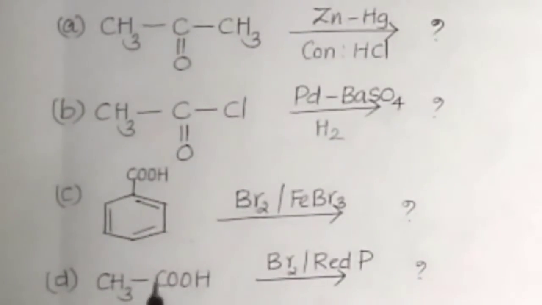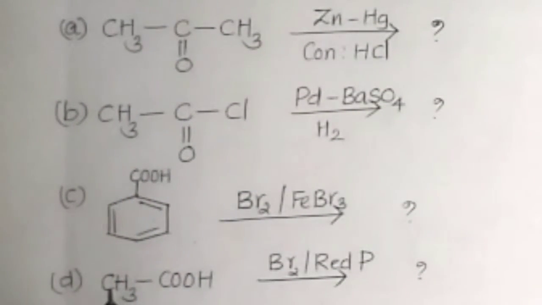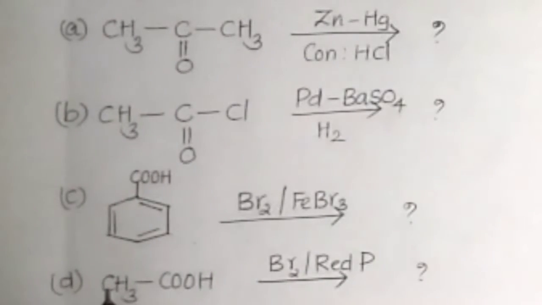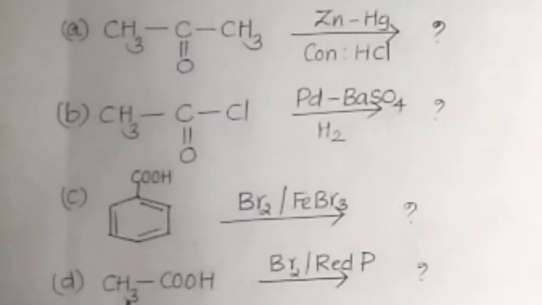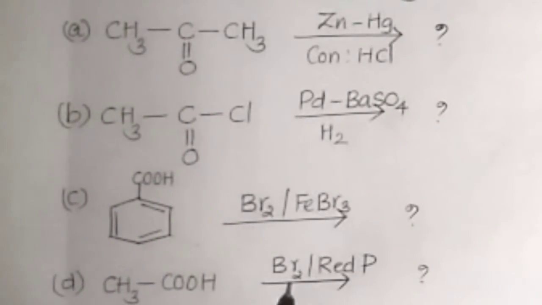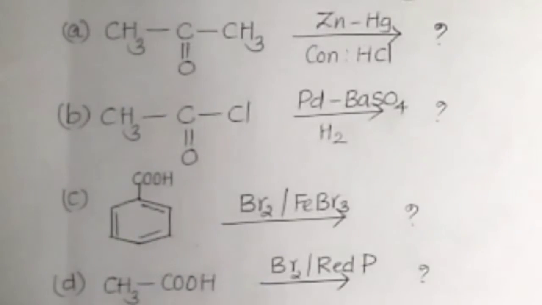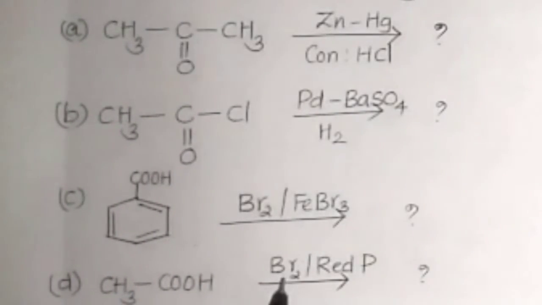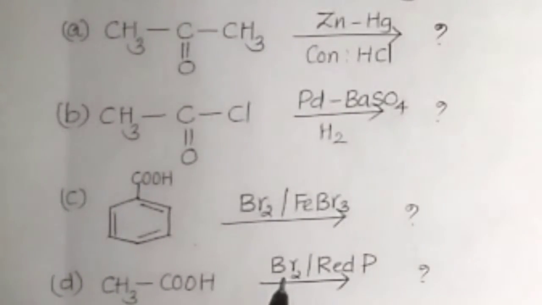Then the acid consists of an alpha hydrogen atom. This is the COOH group. This is the alpha carbon. Hydrogen on it is known as alpha hydrogen. One hydrogen is replaced by one bromine atom. One hydrogen is removed from here. That hydrogen combines with one bromine atom to form HBr, which is eliminated. The remaining bromine atom is added here.